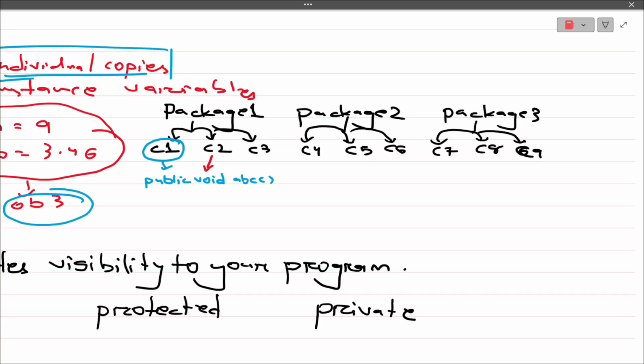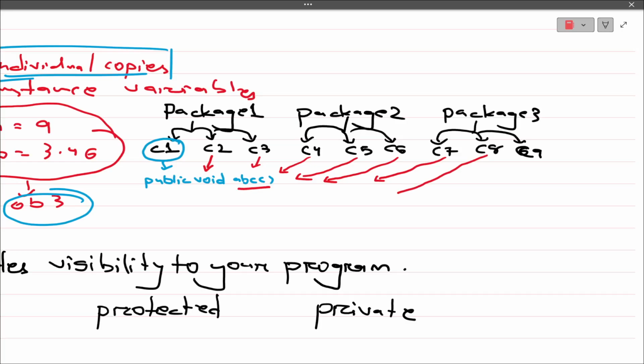Means my class 2 has the capability to access my method ABC, and this class 3 also has the capability to access my method ABC. This is all about my single package, and as this is given public, classes of other packages also have the capability to access this particular method.